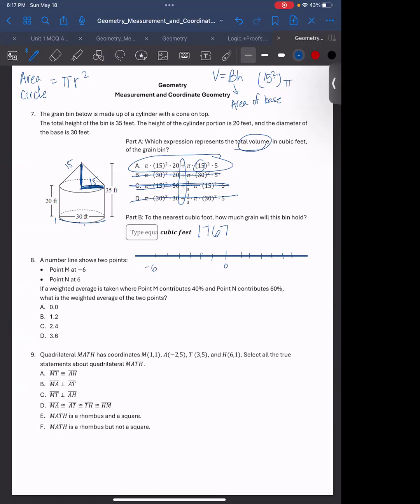So there we go. Here is M. Here is N. If a weighted average is taken where M contributes 40%, what is 40% as a decimal?